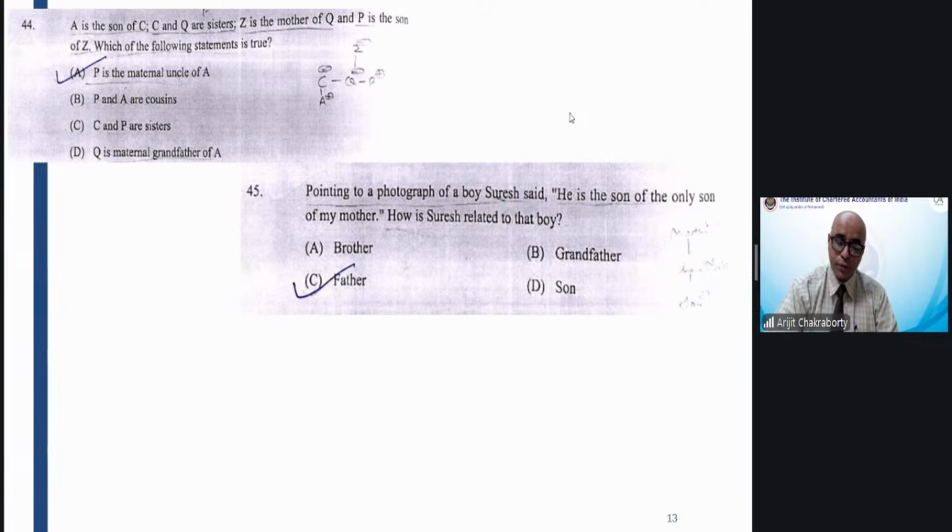Z is the mother of Q, so Z is also female, and Z is the mother of both C and Q. And P is the son of Z. That means Z, the mother, has 3 children: C and Q who are daughters, and P who is a son. The question is, which of the following statements is true?